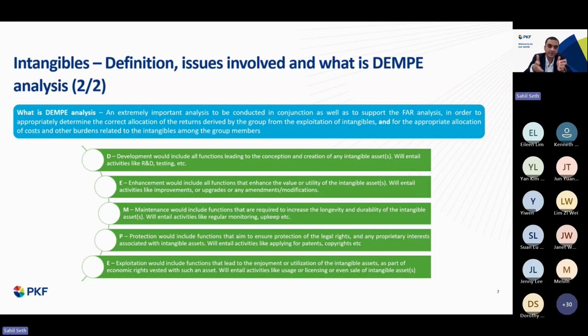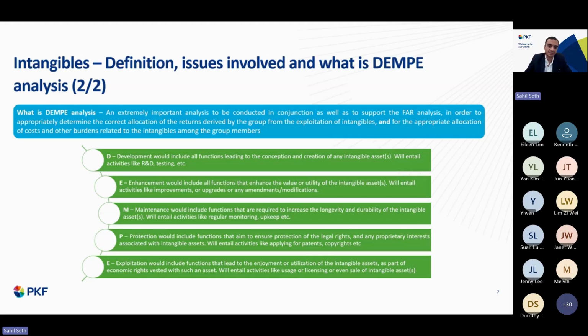So it could be possible that one entity has developed, but the second entity in the group has done the enhancement and the maintenance. Because of that, the asset has now become technically qualified to be patented. So that's why the second entity and the first entity both can apply for the protection.